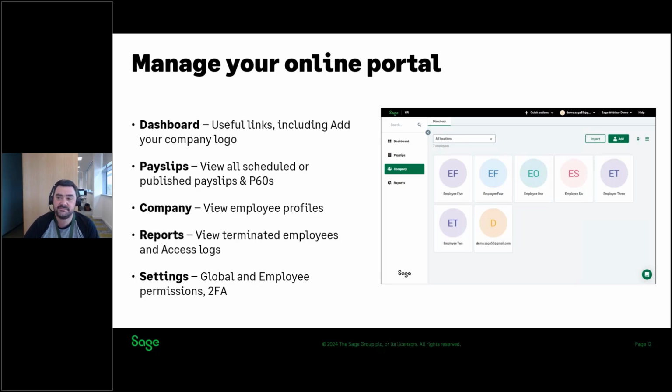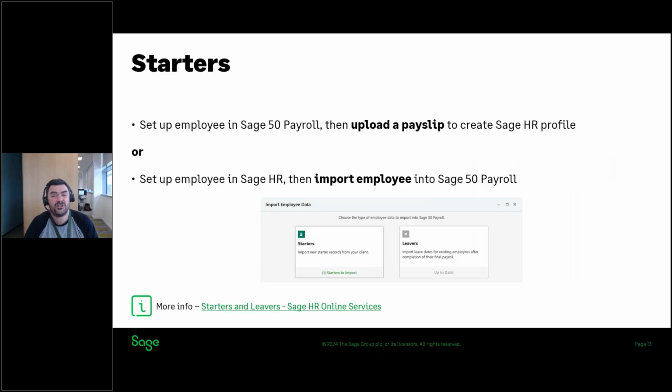So talking about starters to begin with, you already know that to create an employee in Sage HR, you could set them up in Payroll in the usual way and then upload a payslip. And that's exactly how I created all of my employee profiles for today's demo.